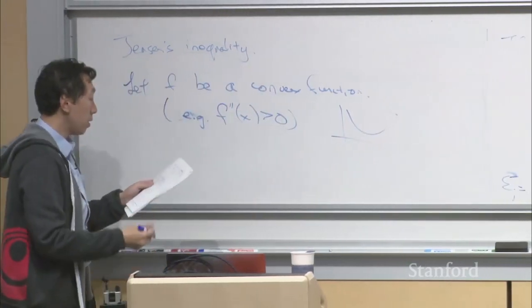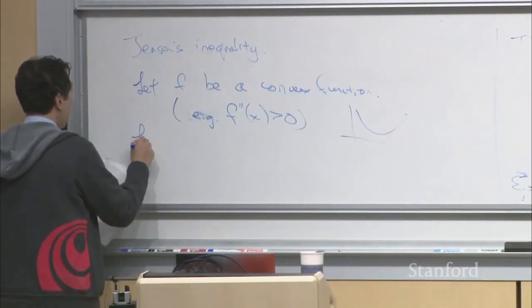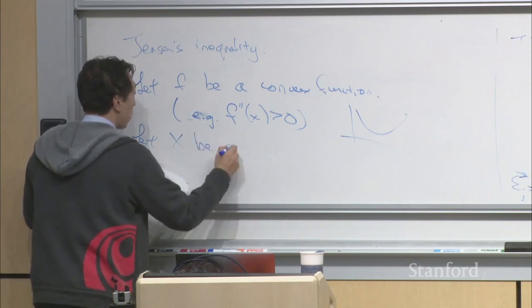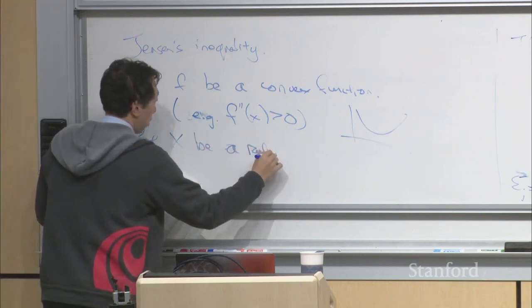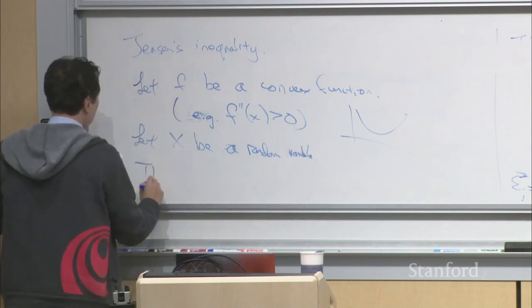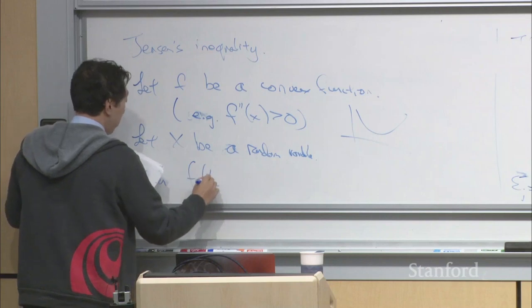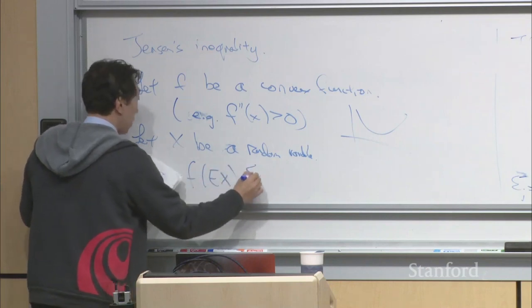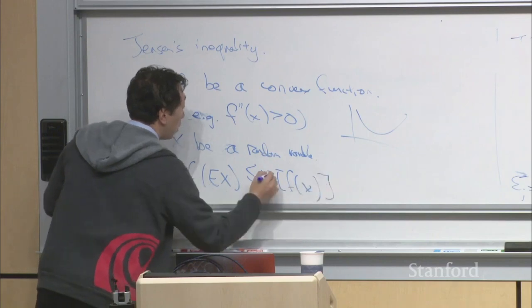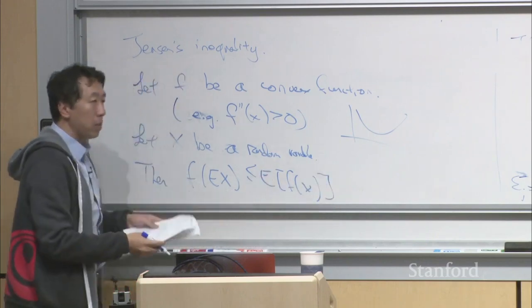So that's a convex function. Let x be a random variable. Then f of the expected value of x is less than or equal to the expected value of f of x.